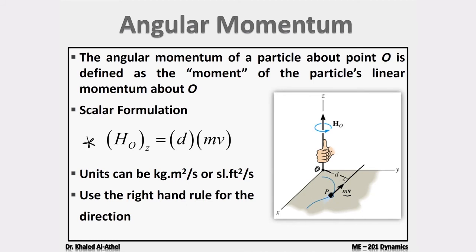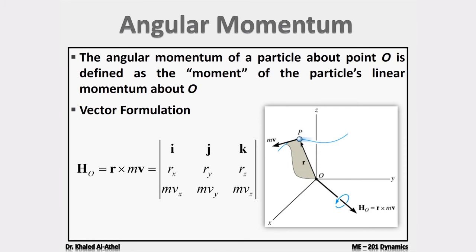So H_O around the Z axis equals the distance d multiplied by the linear momentum mv. And the units, as you can guess from the parameters, are kilogram meter squared per second or slug feet squared per second. And for directions, we use the right hand rule.